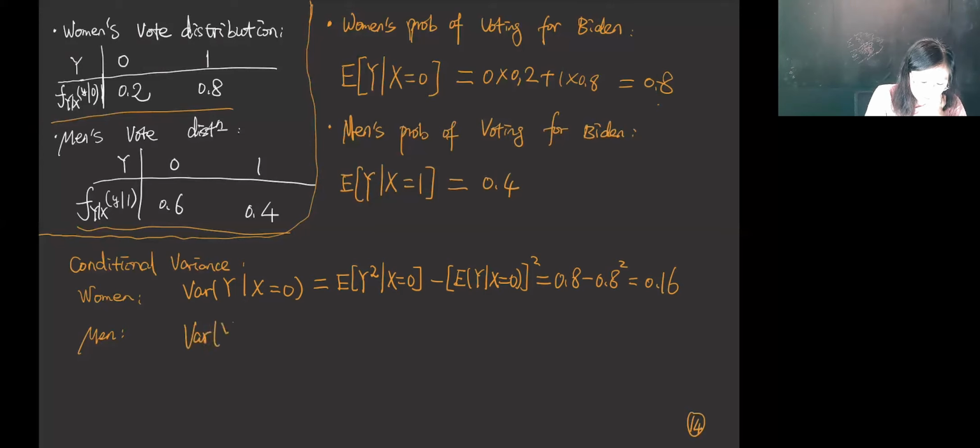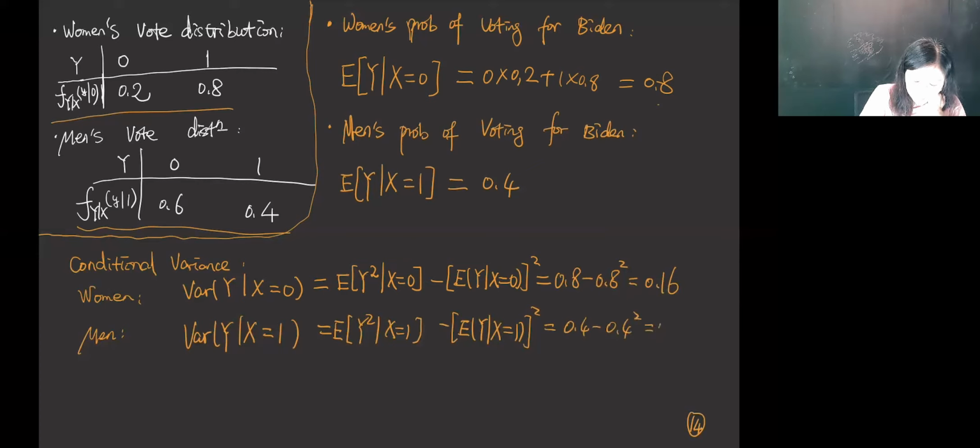Similarly, we can do this for men. And that is 0.4 minus 0.4 squared, that's 0.24. So that's the conditional variance for women and men.